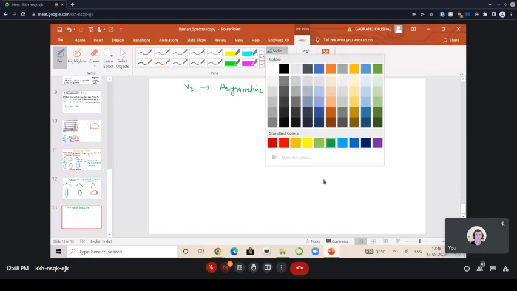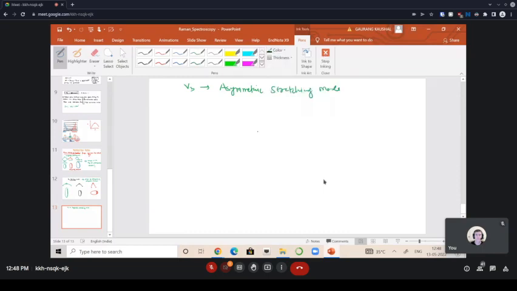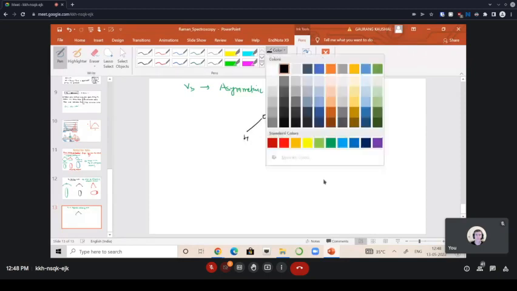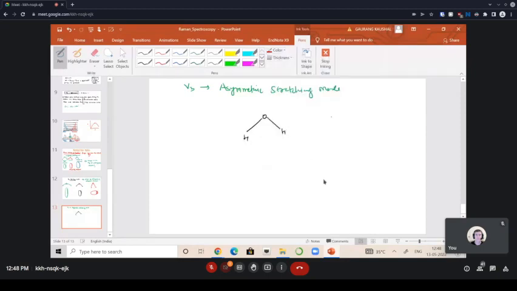Again, in the asymmetric stretching mode, initially the molecule is like this, the H2O molecule. In asymmetric stretching, we are stretching one of the bonds and compressing the other bond. So we are stretching this OH bond, and we are compressing this bond.